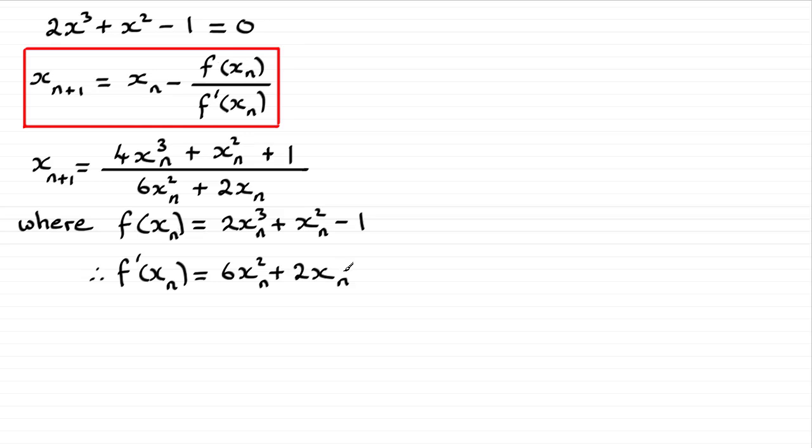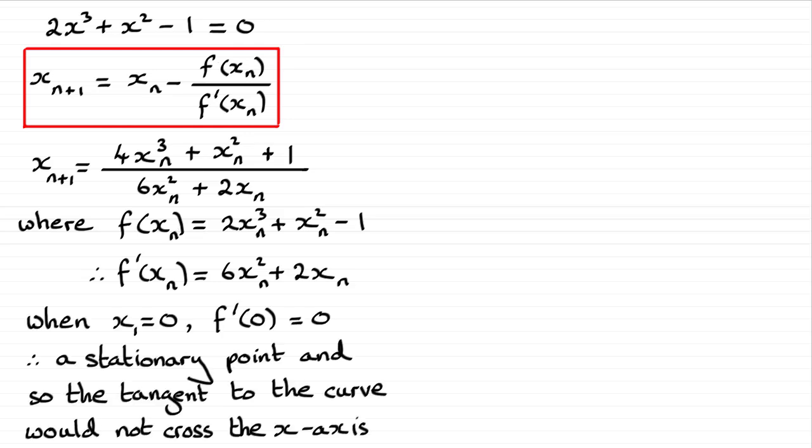And for the Newton-Raphson method to work, it's based on tangents to the curve crossing the x-axis. So this tangent would be parallel to the x-axis, it wouldn't cross it, so it wouldn't lead to another approximation.